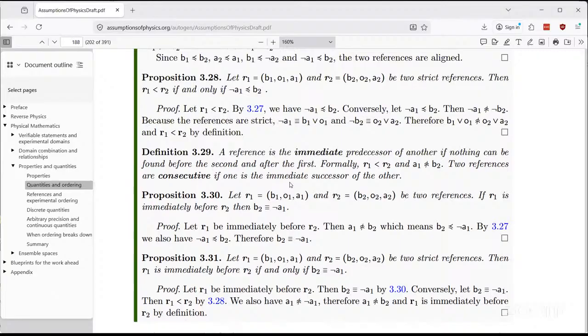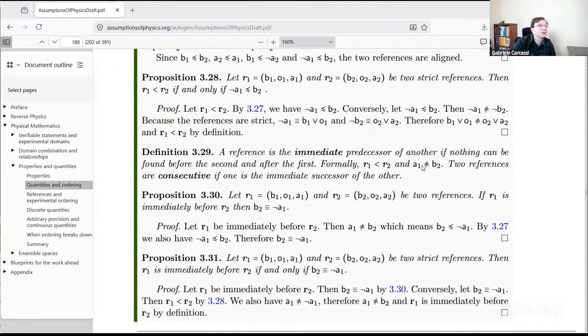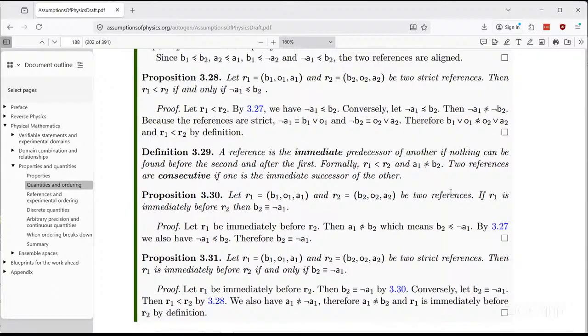Yes, this is incompatibility. So there's nothing that is both after the first one and before the second one. Nothing in the middle. That makes sense.